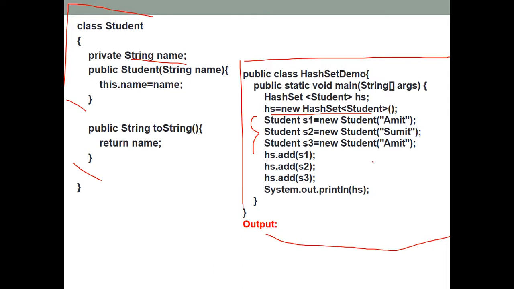Every object is added, because S1, S2, S3 are the keys and Amit, Sumit are the values. So when you print, it will print Amit, Sumit and Amit. Again, a duplicate is stored. Why? Because each object is created separately, so the object addresses S1, S2, S3 are the keys. That's why it will store them. I hope it is clear.